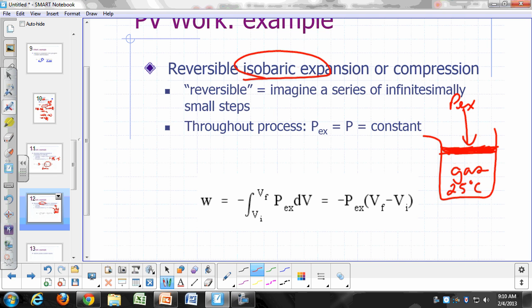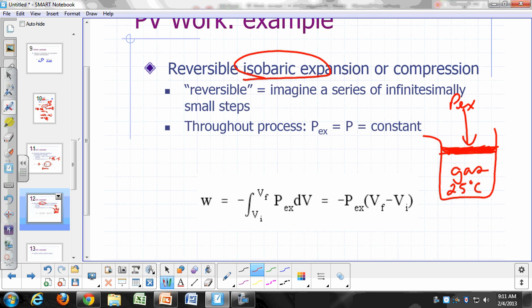So now that it's expanded while maintaining the same pressure equal to the external pressure, I crank up the temperature setting on my oven to 25.0000002, and so on and so forth. That's, of course, still an approximation. That's still irreversible. But the idea is you make infinitesimally small changes in your temperature.